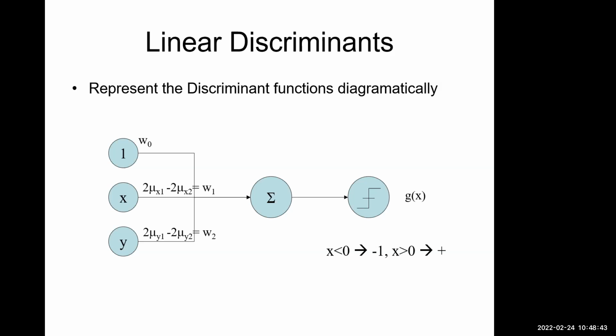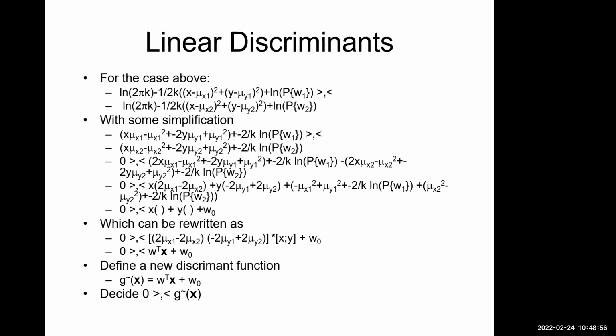We can draw this in a diagrammatic format. We have W transpose X plus W0, which is the W1, W2 row vector times the X1, X2 column vector, plus a scalar W0.